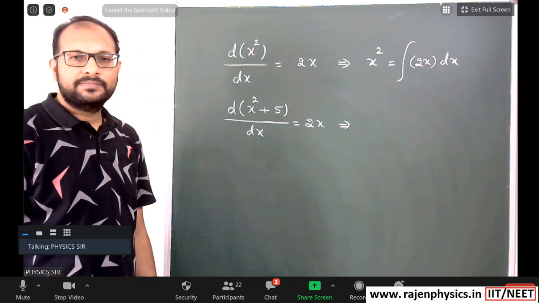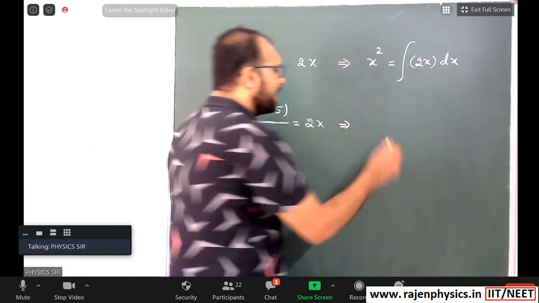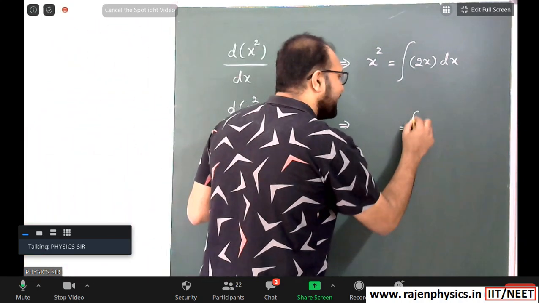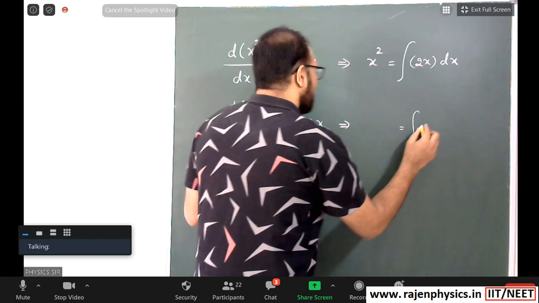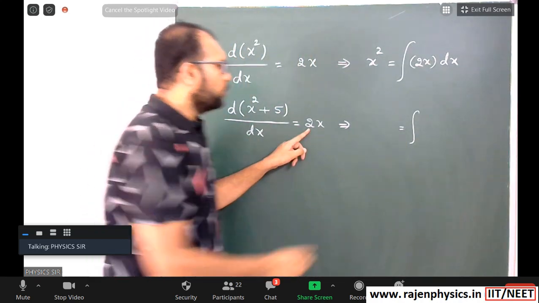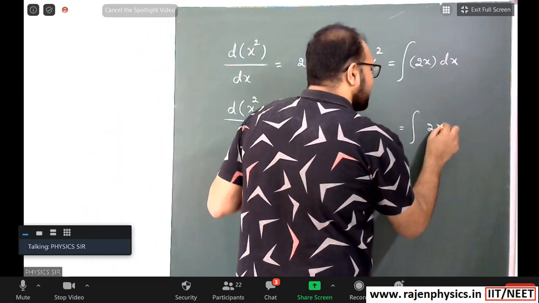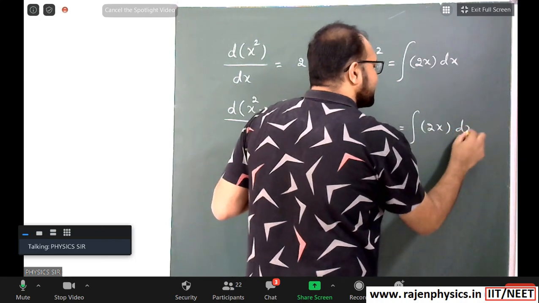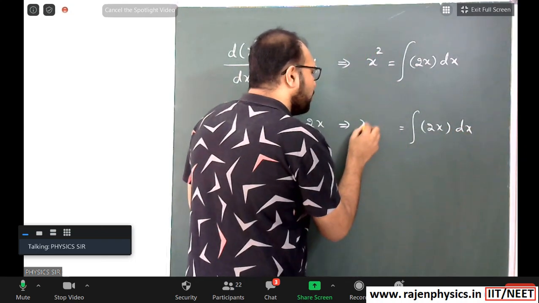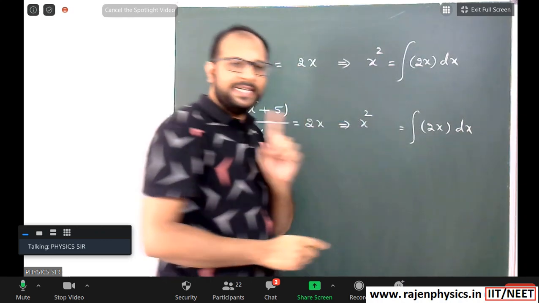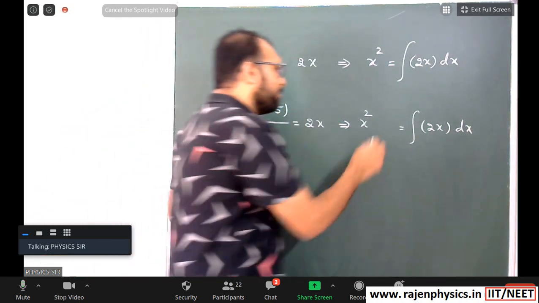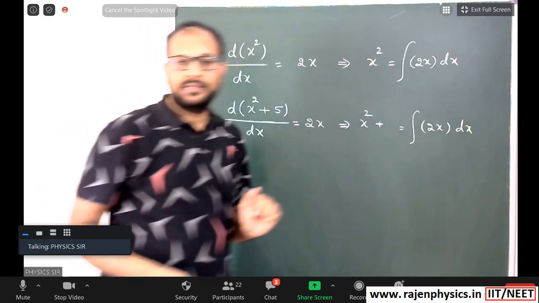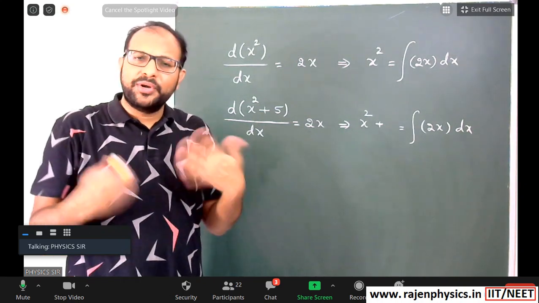So in integral 2x dx, no doubt x square is mandatory, but plus or minus some constant, we don't know that constant.